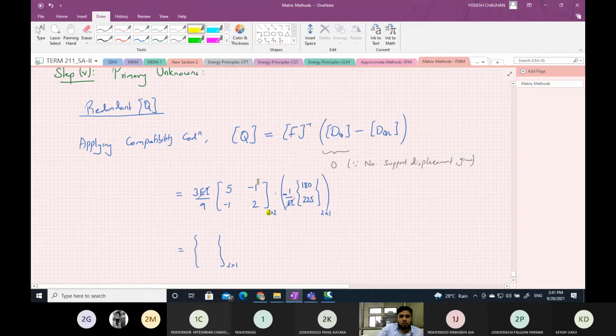Okay, see, this is 2, this is 2, this is 2. So the matrix multiplication is possible because this is m cross n and this is n cross j. Okay, this is j. So you will get a matrix of n cross j.